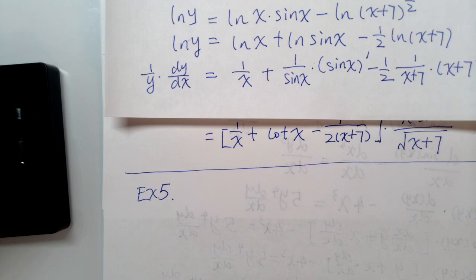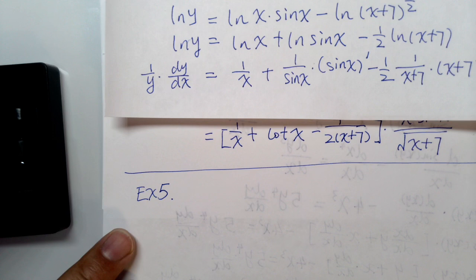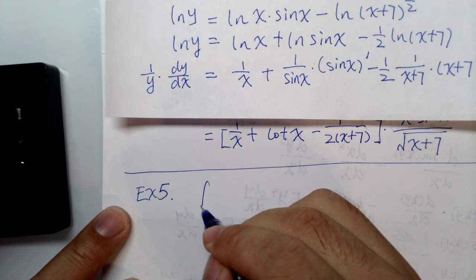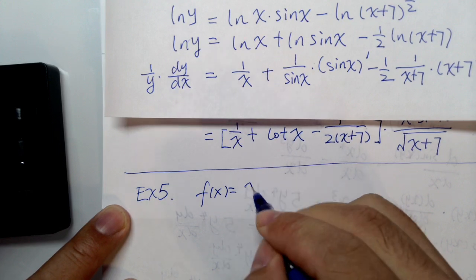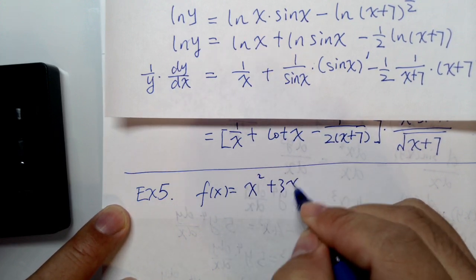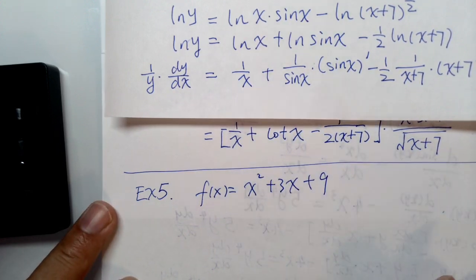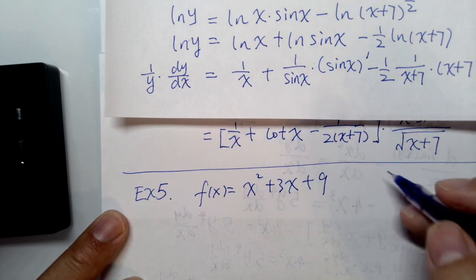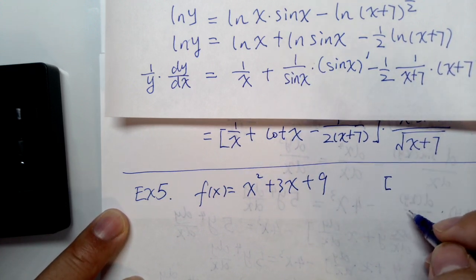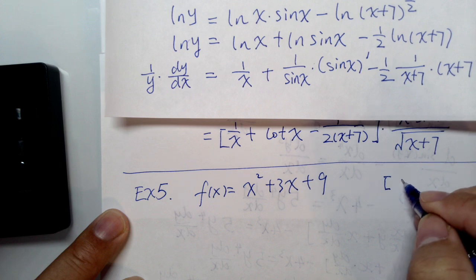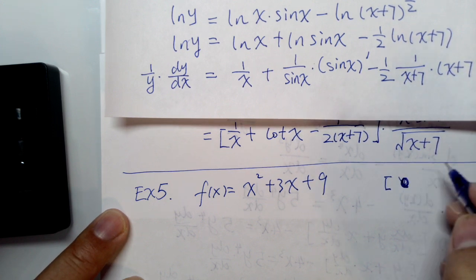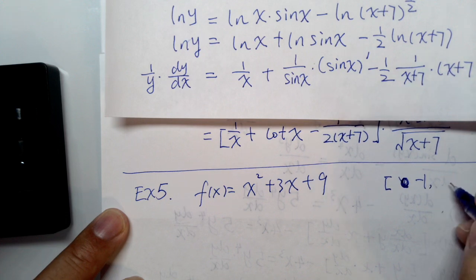Let's have another problem like this. Given the function x squared plus 3x plus 9, let us have an interval from -1 to 7.